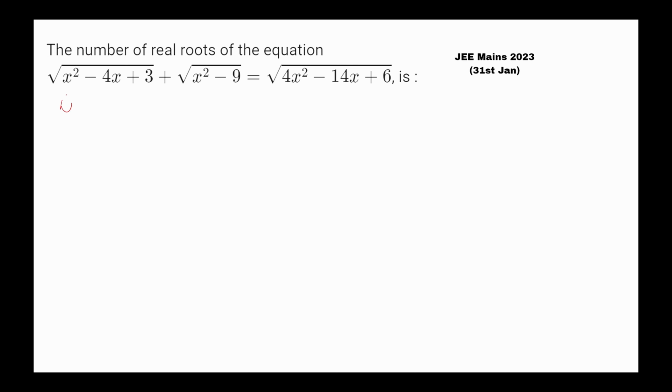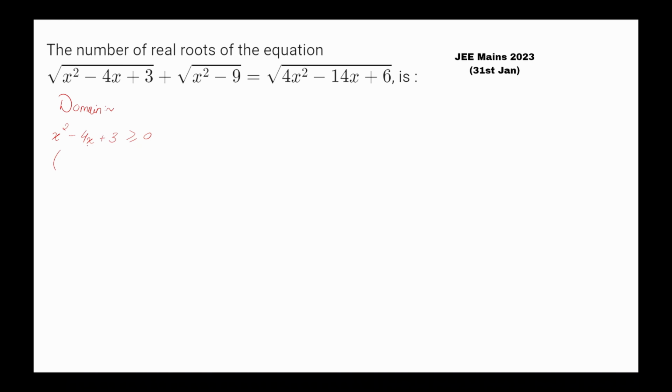So first, as we had studied in our chapter on functions as well, we are going to find our domain. For each and every square root, the value inside it needs to be greater than or equal to 0. So from here we can say x² - 4x + 3 should be greater than or equal to 0.